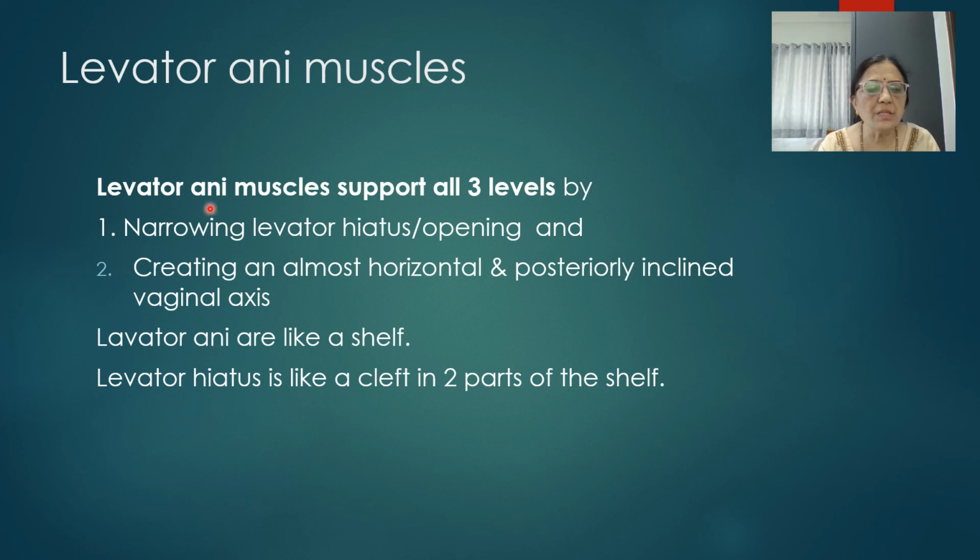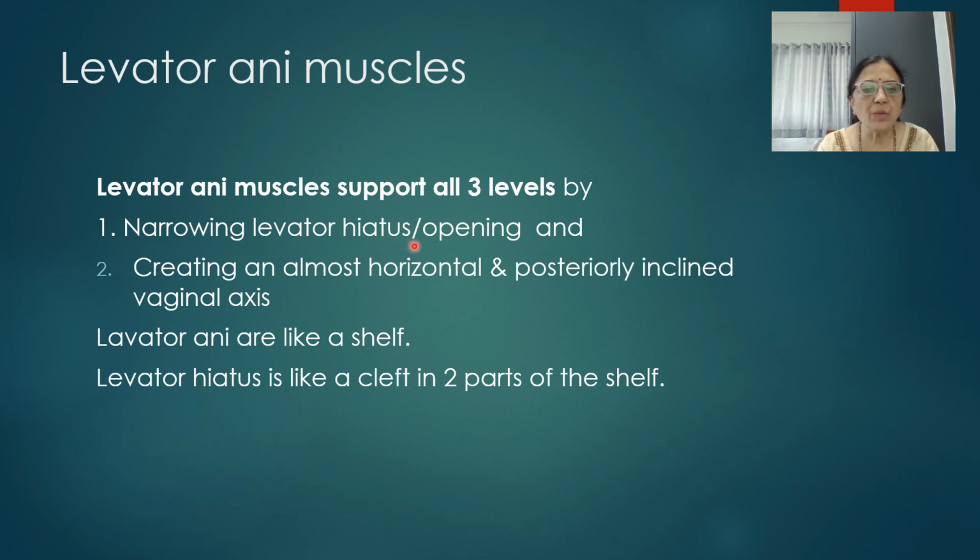And how does it support it? It supports it by narrowing the genital hiatus, or it is also called as a levator hiatus or opening. Because of the good tone of levator muscles, which are constantly in a state of good tone or contraction, this opening through which vagina, rectum, and urethra are passing, together it is called as levator hiatus or urogenital hiatus, or better terminology is levator hiatus.